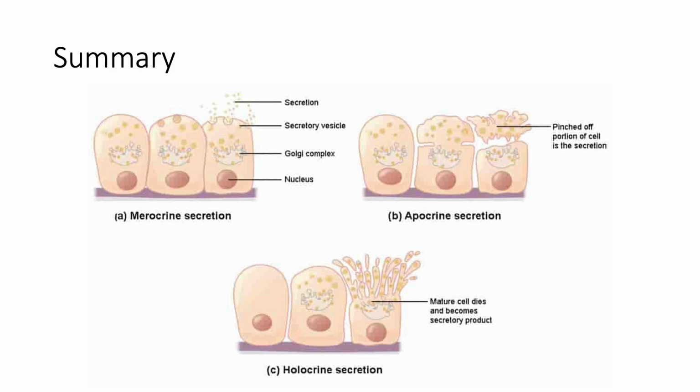Then also the holocrine, where you have the entire secretory cell actually breaking down and adding to the product. So these are the three major ways by which you can classify glands according to their mode of secretion.